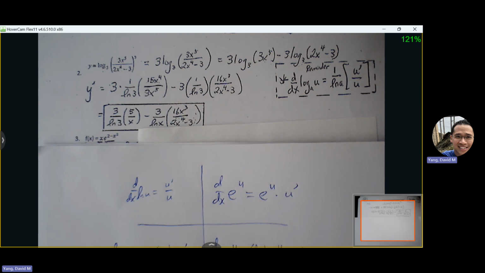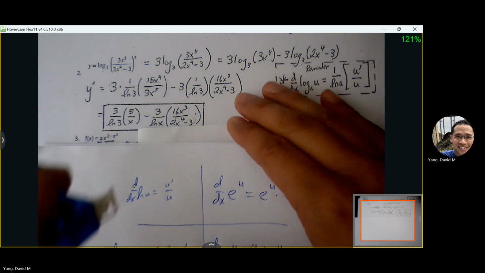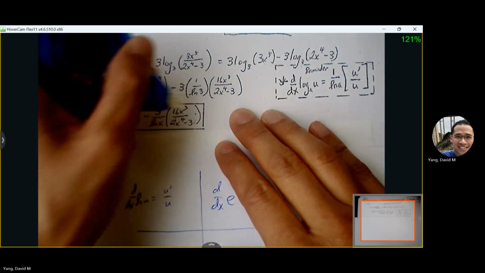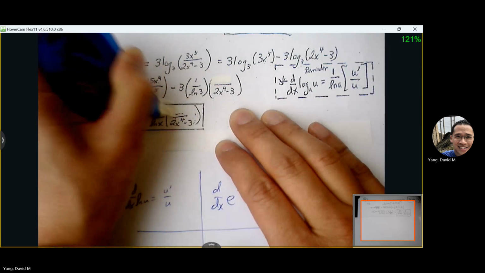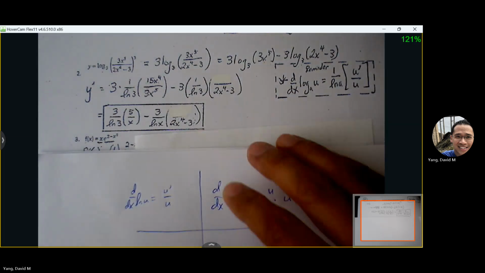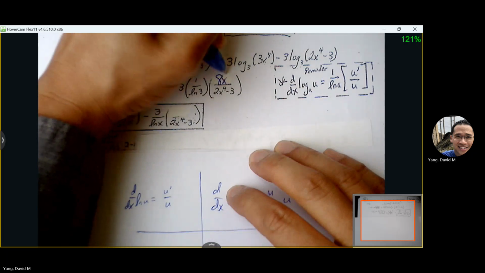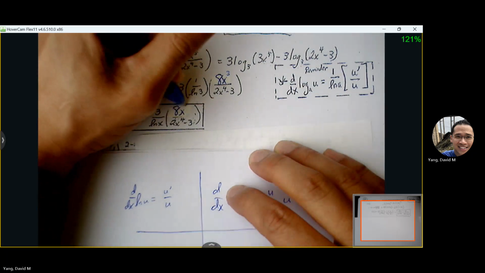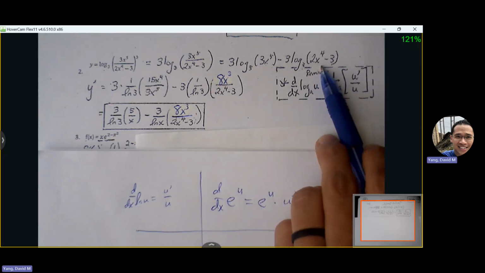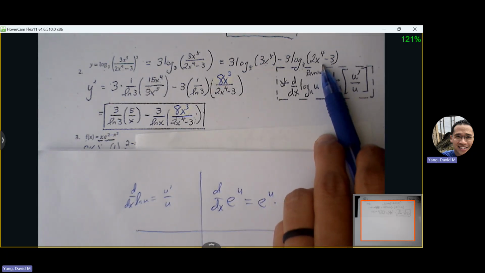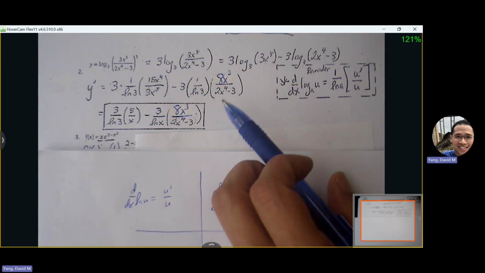Yeah, thanks. Yeah, the derivative should be 8x cubed, not 16x cubed. Yeah, u prime.